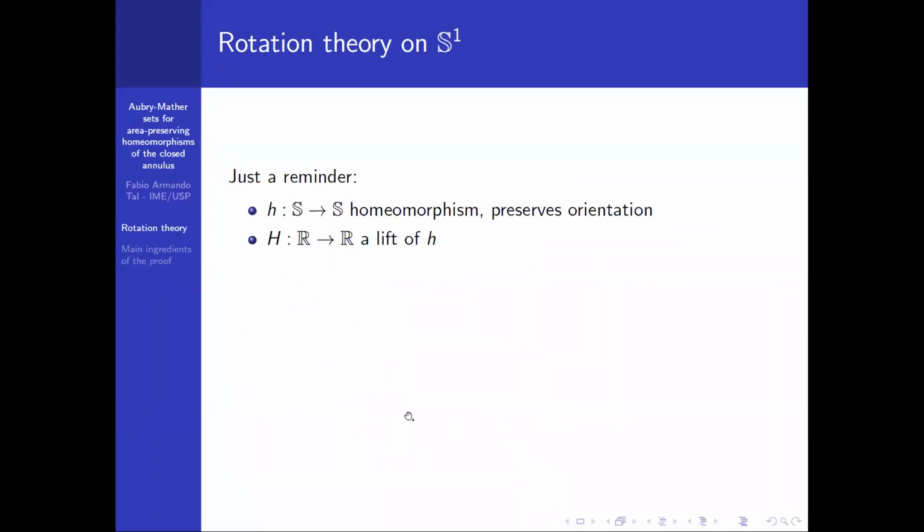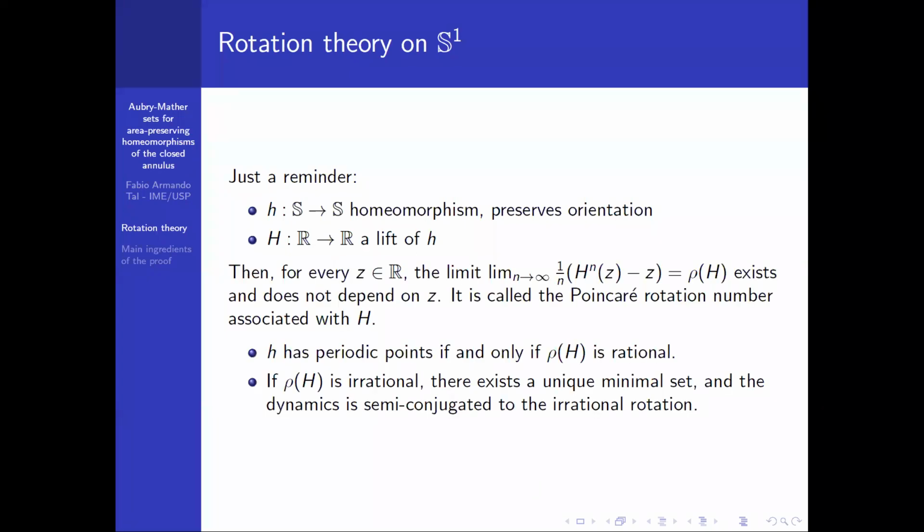Just a reminder, I believe everybody knows this, but just to remind people what rotation theory is. The oldest case is the case of the Poincare rotation number. When you have a homeomorphism of the circle that preserves orientation, and you have a lift of this homeomorphism of the circle to R, then you can compute what's called the Poincare rotation number, by looking at R and seeing how much the point is moved.